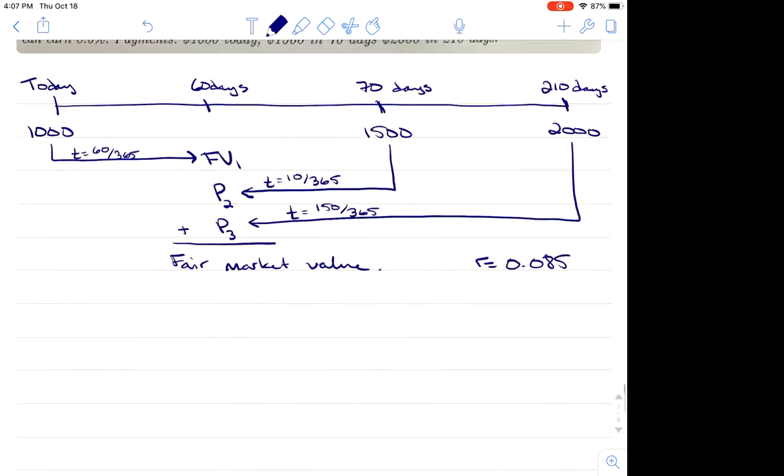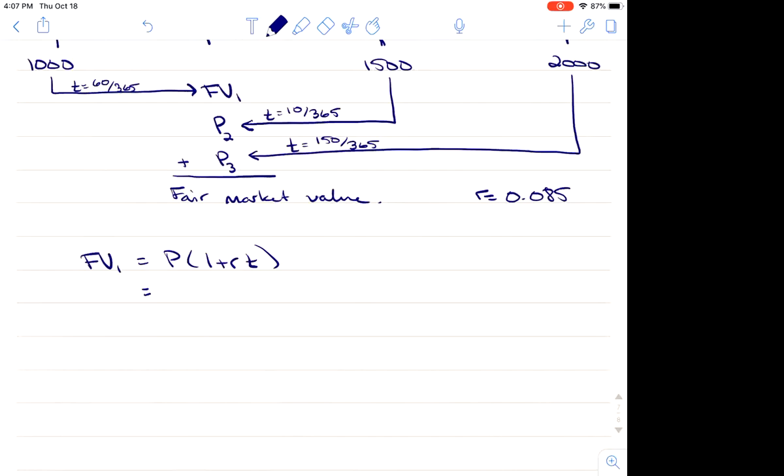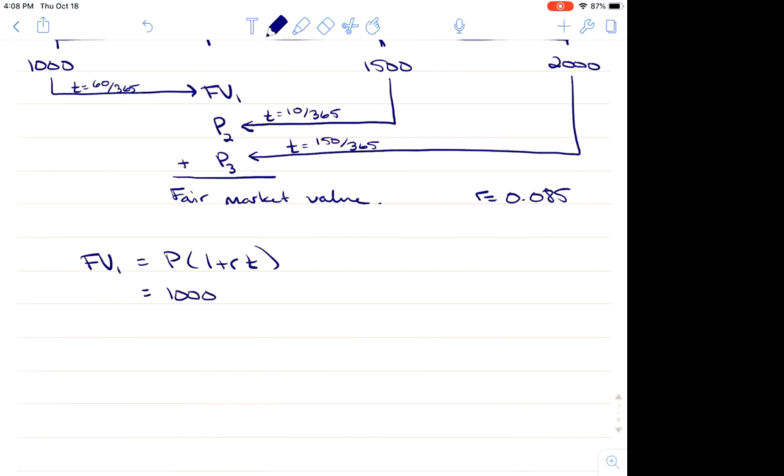So we have to find future value 1, which is P times 1 plus RT. P for this one is 1,000, times 1 plus the rate for all of these, 0.085, and time for this little guy is 60 out of 365.